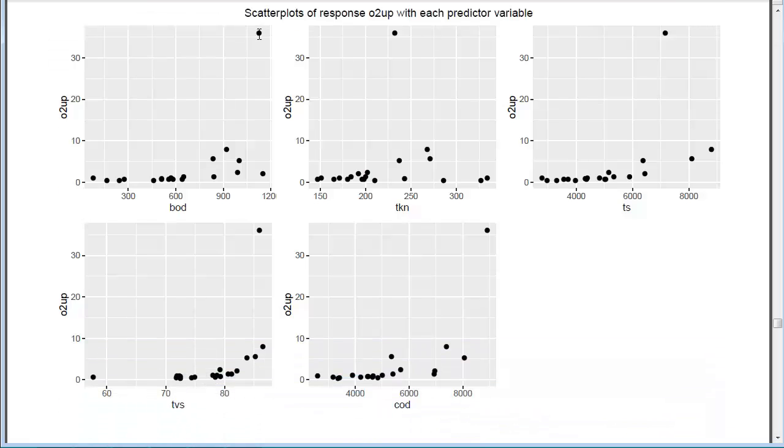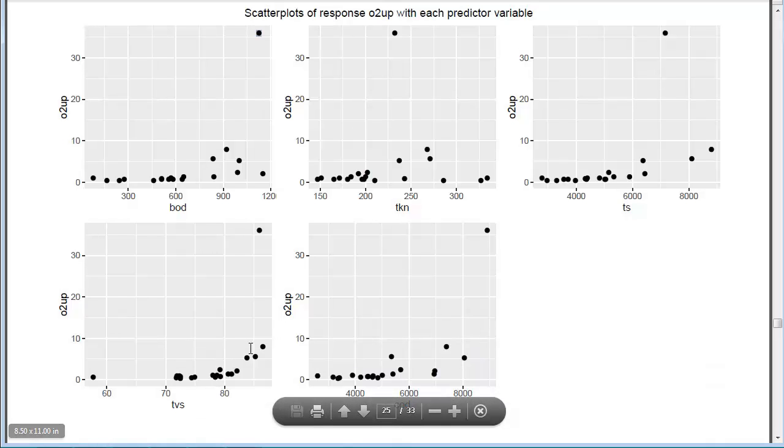Okay, so it's possible we want to not include day 0, since maybe we're measuring residual oxygen and not oxygen that's part of the process. What else do we see? We see some curved relationship here, so that's sort of interesting.